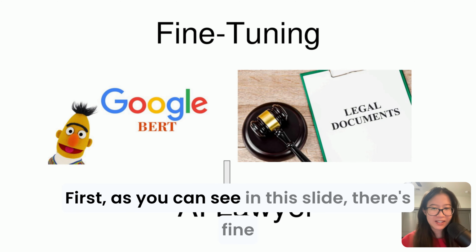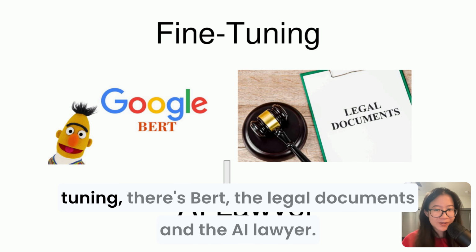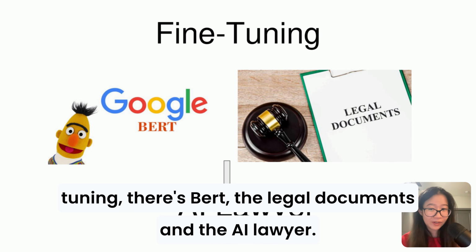First, as you can see in this slide, there's fine tuning, there's BERT, there are legal documents, and there's an AI lawyer. Let's talk about why fine tuning is so powerful. Fine tuning means taking a model like BERT, already trained on a massive amount of text, and then teaching it to perform a specific task.